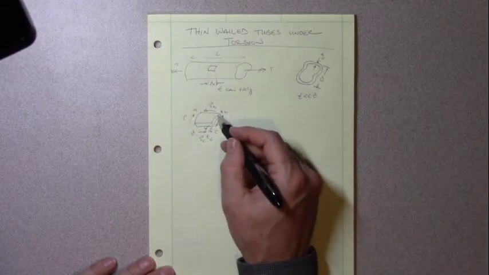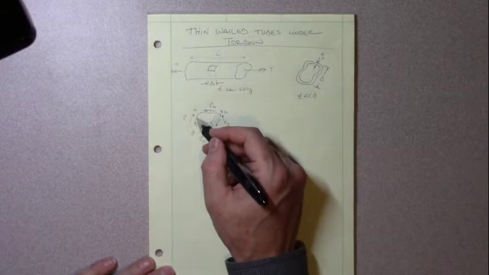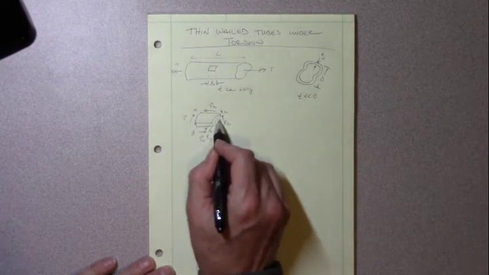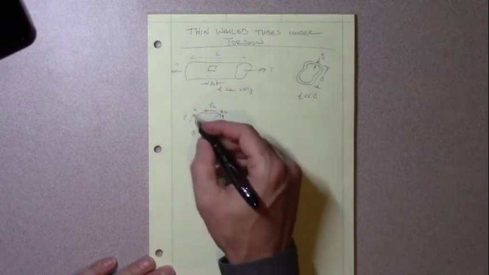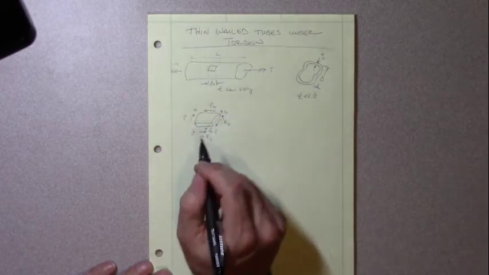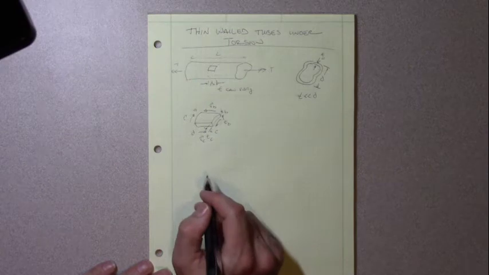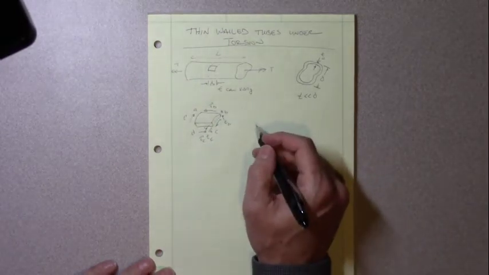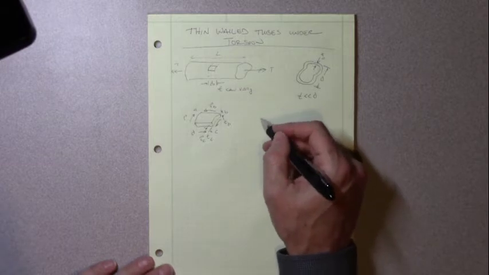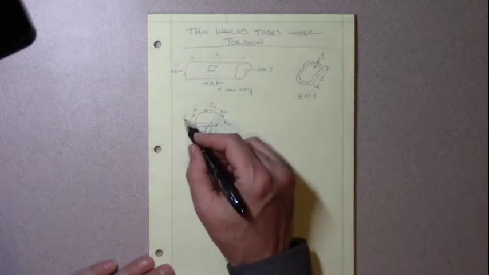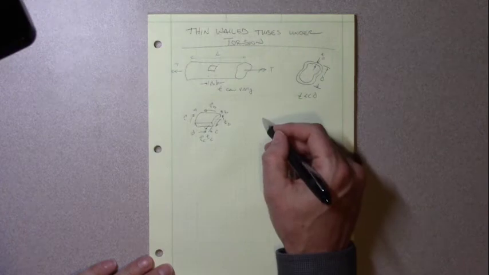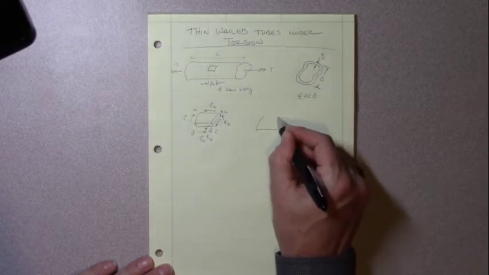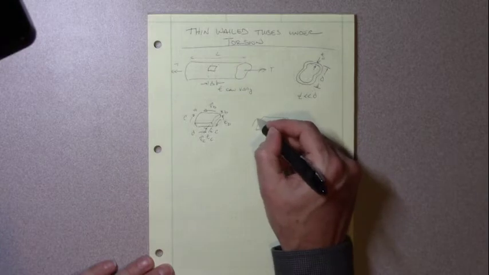But if we look at the total area, because the area is going to vary uniformly along the length in this direction, those taus are going to remain constant, or they're the same on both sides. They're just opposite directions here. I'm just going to redraw our element here. We can say that we have a force.